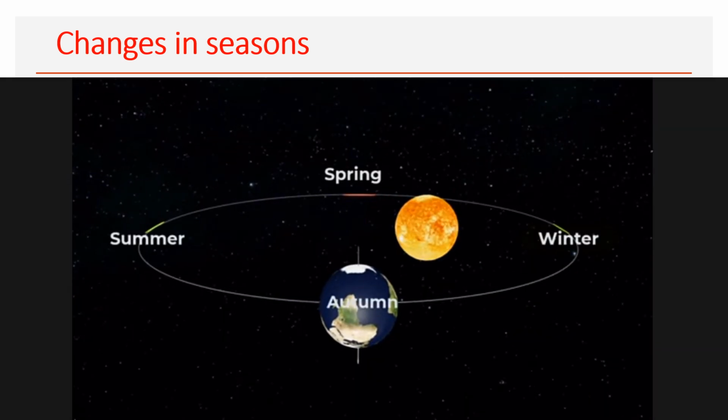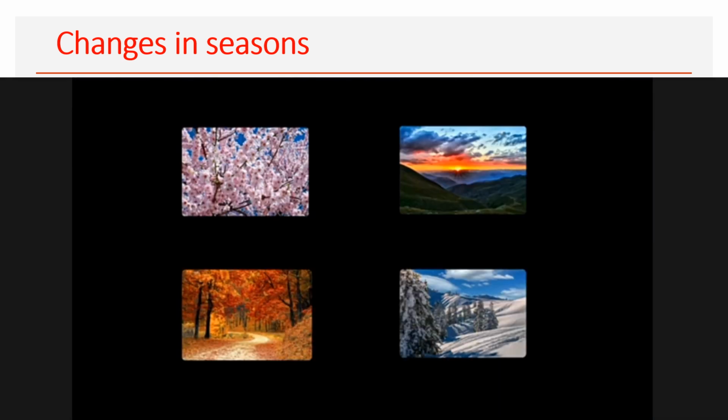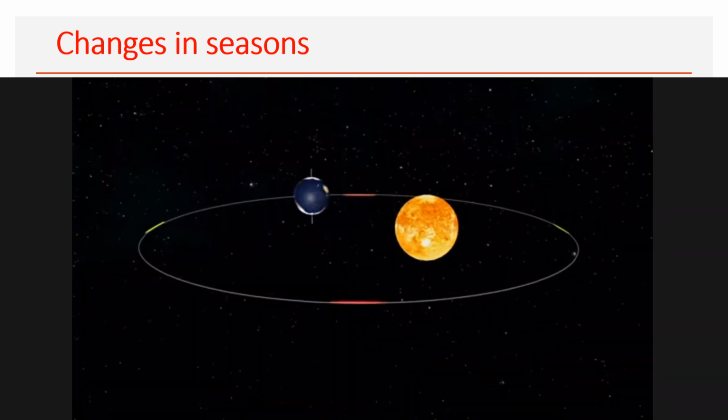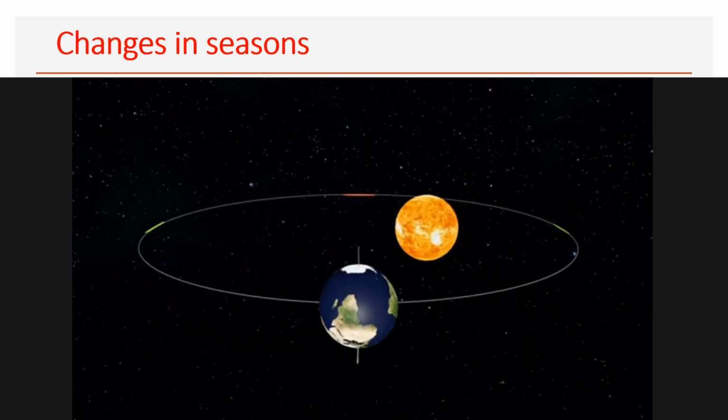Have you ever wondered why we experience different seasons throughout the year, such as spring, summer, autumn, and winter? Well, the answer lies in the Earth's motion around the Sun and its tilt on its axis. The Earth rotates on an imaginary line called the axis, which runs through the North and South poles.